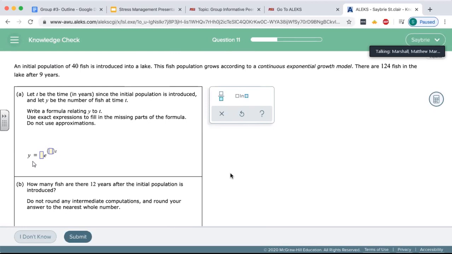Let me try to find one. Oh yeah, these are a lot more complicated, I remember. Yep.